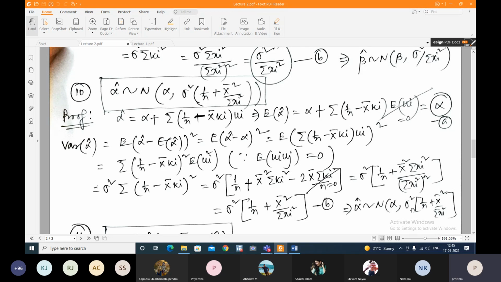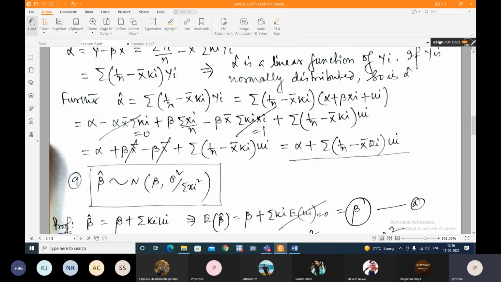If you don't know ui, how will you get the variance of ui? So we don't know sigma square, we don't know alpha. You are absolutely right. But then we'll be using estimators. I'll be discussing that.